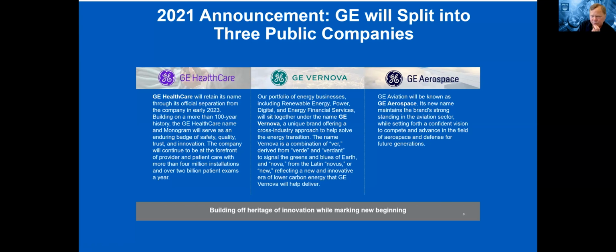Aerospace, it's clear what their focus is, aviation related. Vernova, it's really the portfolio of the energy businesses. So we're excited to be dealing with the change. It's going to be a little bit of uncertainty over the next year or so, but we see benefits in this split. Right now, each of the three parts will have research centers that are co-located at the current facility.